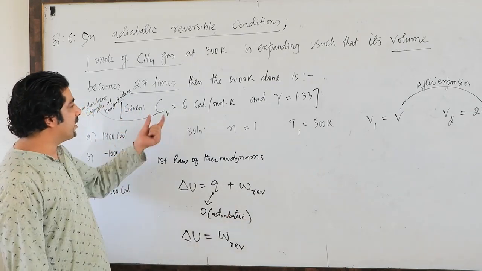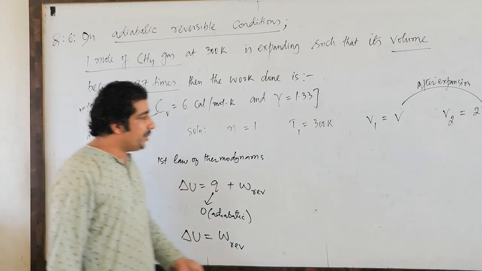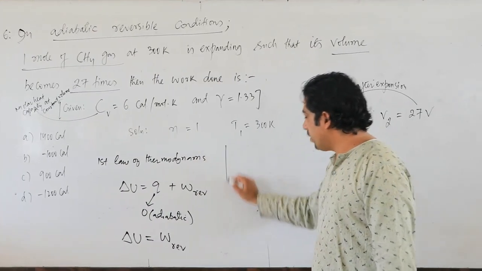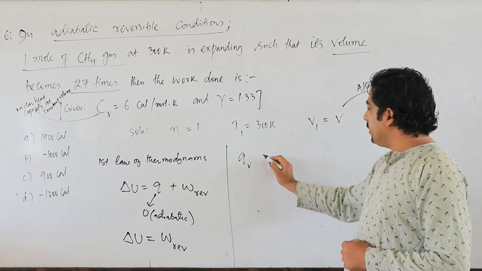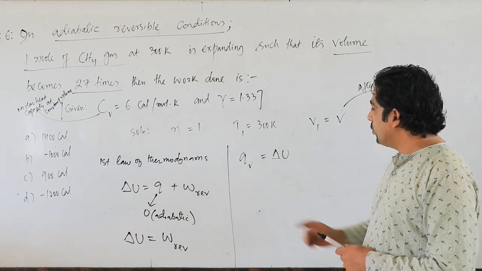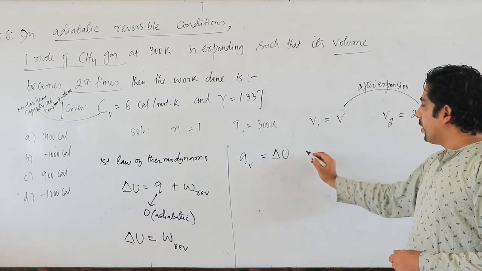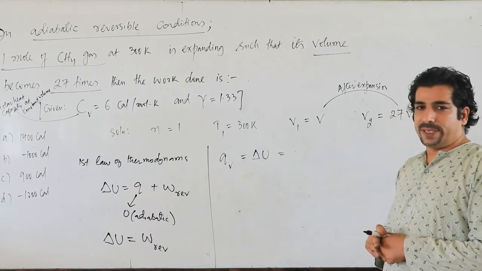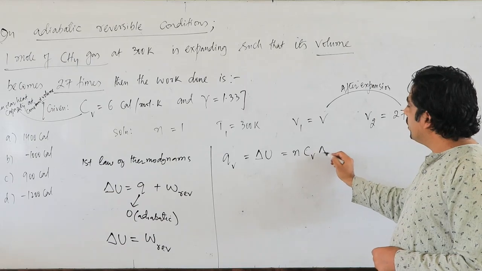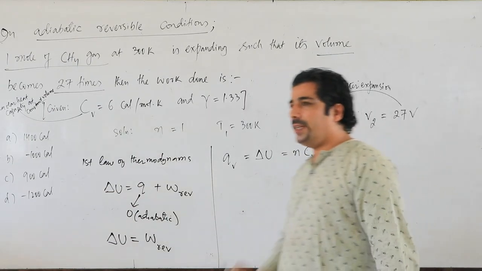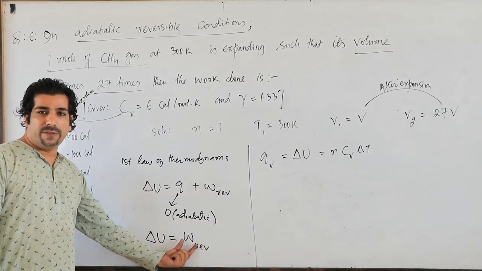And you know, my dear friends, this is CV, the molar heat capacity at constant volume. And in previous classes, you remember, I derived one expression: QV is equal to delta U. Now, QV is equal to n CV delta T. So now you are aware that delta U is equal to work reversible.